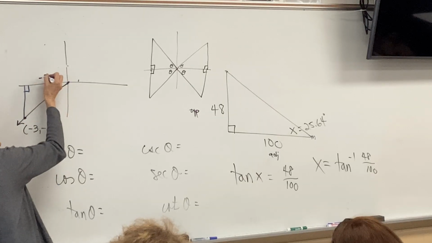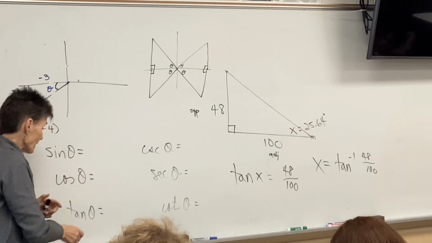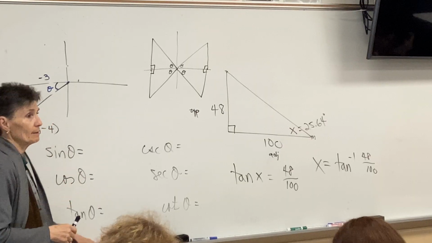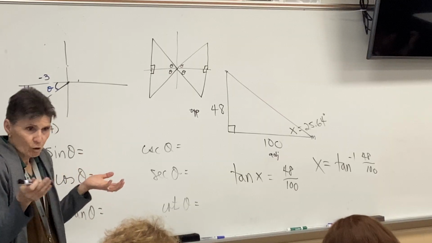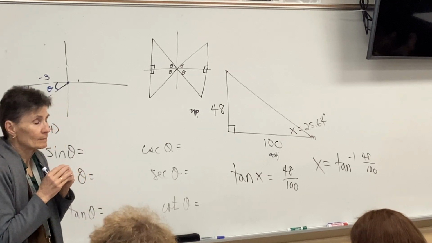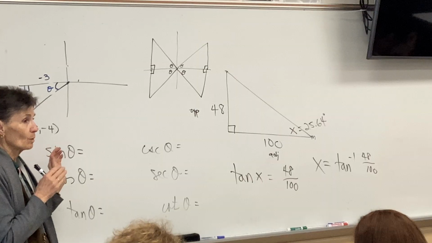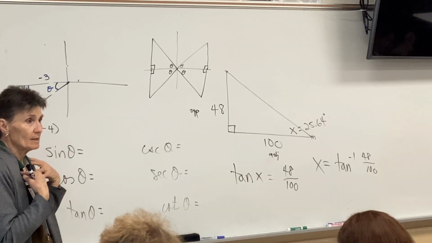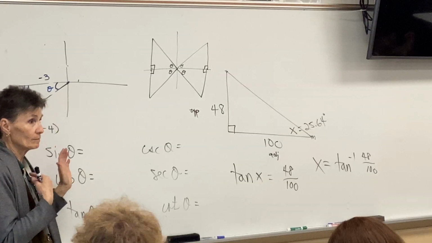So I'm going to label this side -3 and this side -4. And I know that bothers you. It bothered me the first time too. I don't like negative sides of triangles, but make them negative. Leave them negative. Left and down. We have to make sure we understand that in quadrant 3, you're left and down.